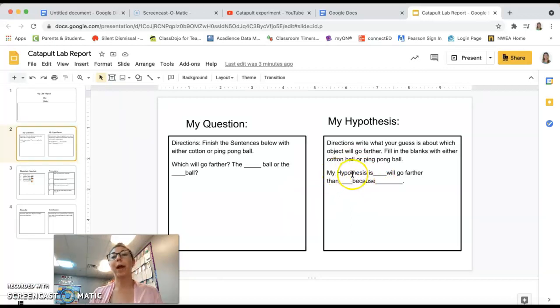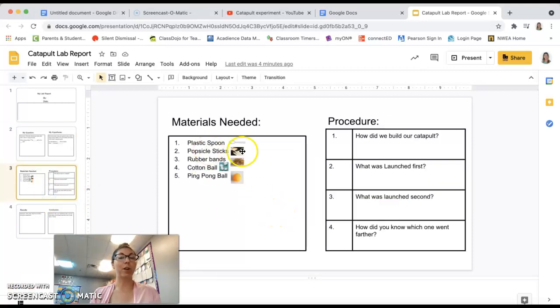You're going to start with My Hypothesis is, tell me what is your guess or hypothesis, will go farther than blank because blank. So tell me which balls you think will go farther, either your cotton or ping pong ball because blank.